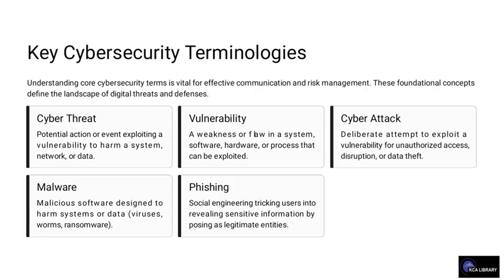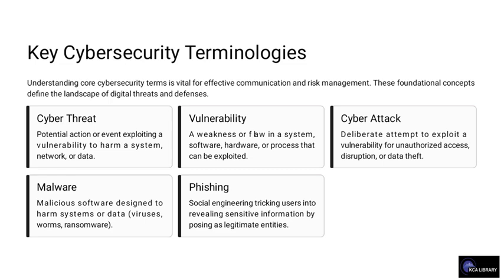Let's quickly look at some terms in cybersecurity. The first we'll be looking at is cyber threat, and this is a potential action or event exploiting a vulnerability to harm a system, network, or data. A vulnerability is a weakness or flaw in a system, software, hardware, or process that can be exploited.